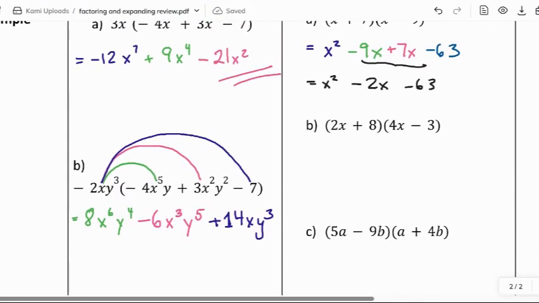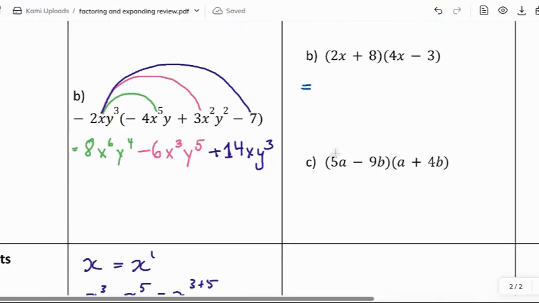All right, let's do one more example. Oh, actually, let's do example C. Sometimes students get confused when there are two variables. So the first term is just 5a squared. But now when I have to multiply 5a times 4b, it's still number times number.